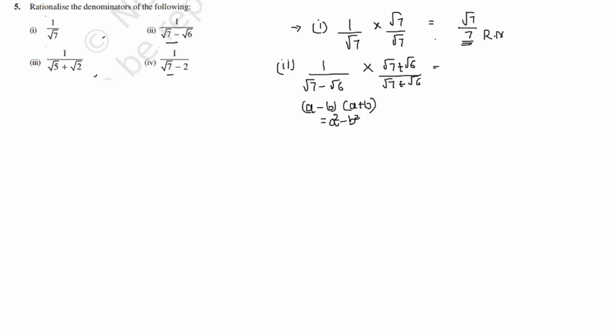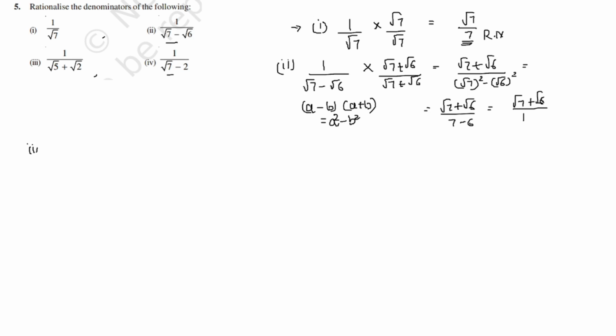So here we will write root 7 plus root 6 over root 7 whole square minus root 6 whole square, which is equal to root 7 plus root 6 over 7 minus 6, which is equal to root 7 plus root 6 by 1. So we rationalized the denominator here.